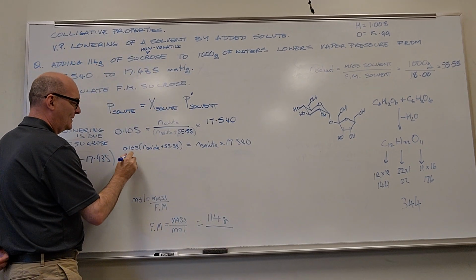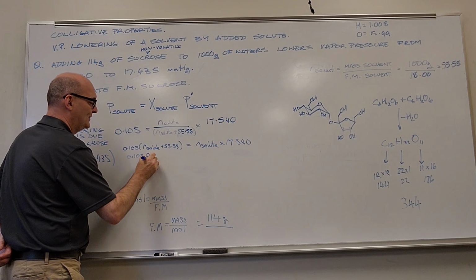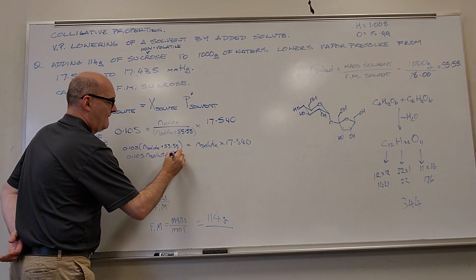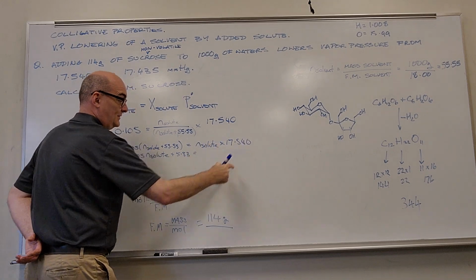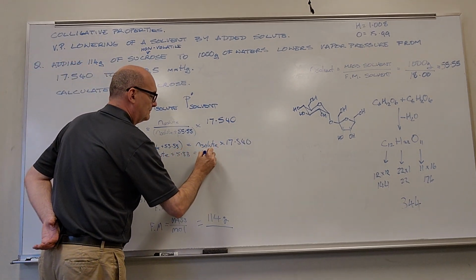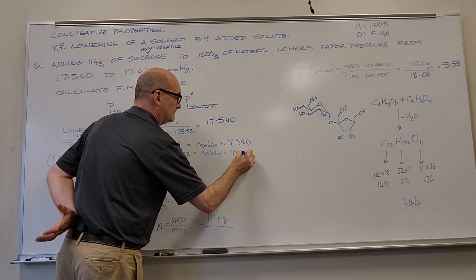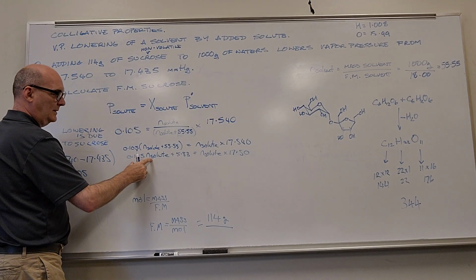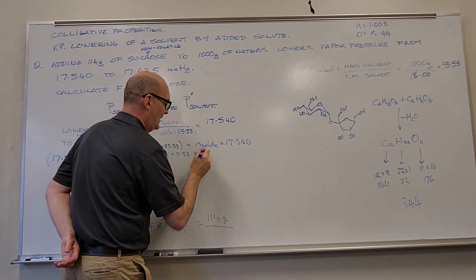I had 0.105 n solutes plus 5.83 equals this. And then we just subtracted over the variable part. Kind of imagine it like an X. Made it a variable.